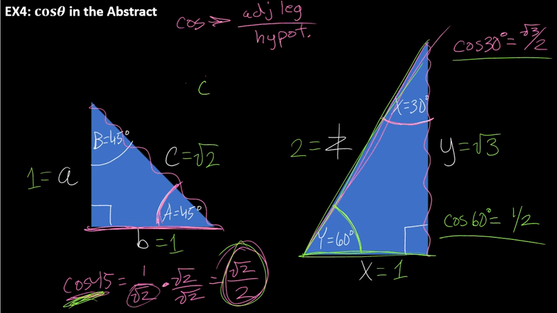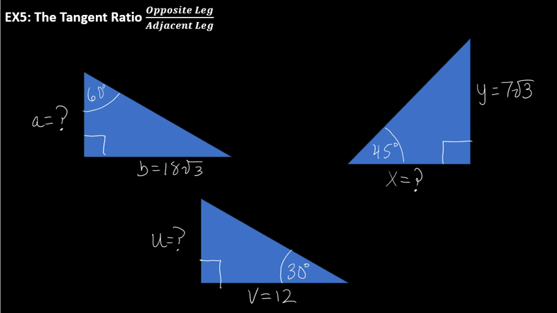Okay, so now cosine's a little bit different. If we have the cosine of a 0-degree angle, the ratio there would be 1. So another little interesting side note there.